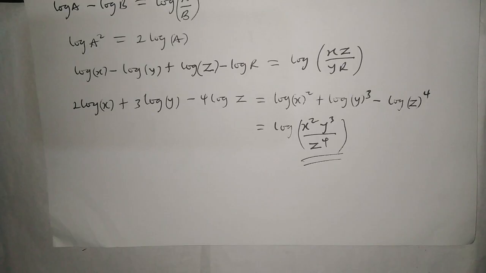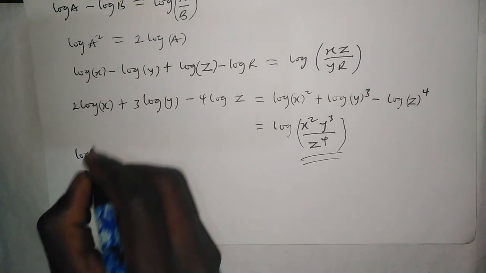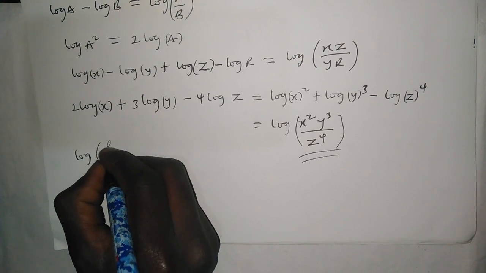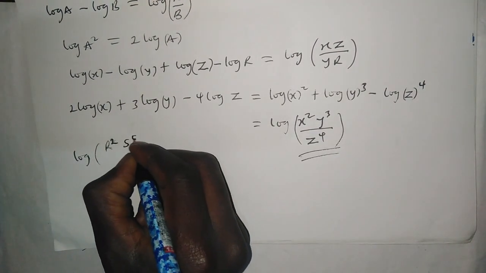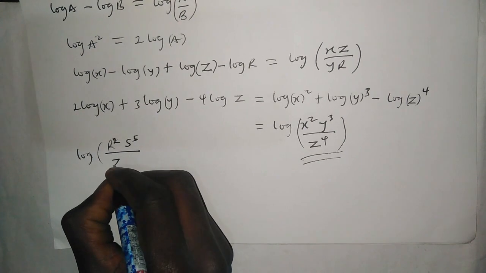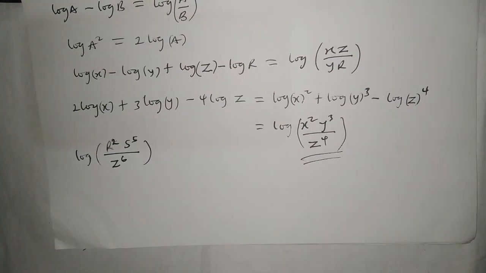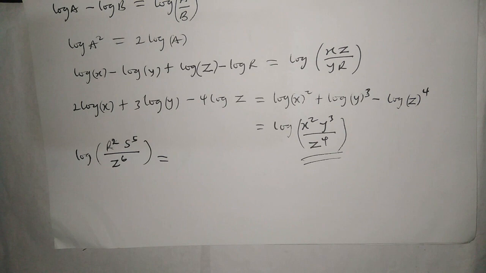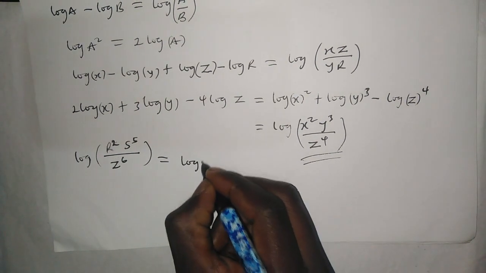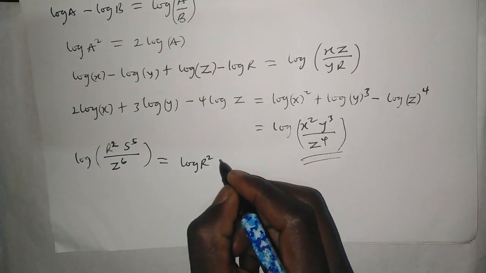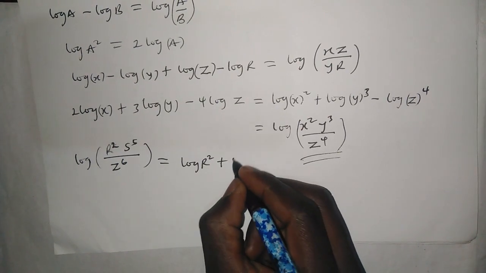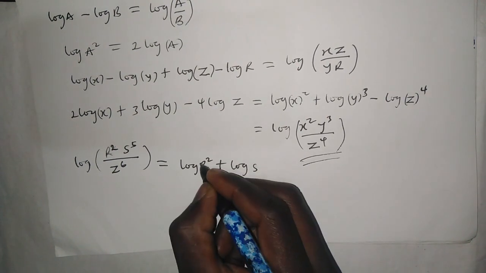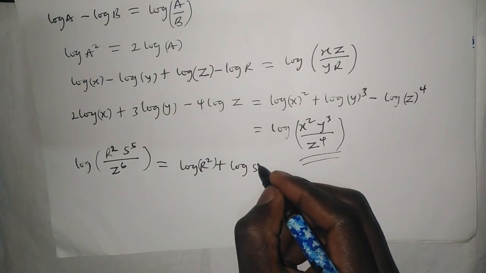Now let's do the reverse of this particular answer. Take, for instance, you have log of r squared, s to the power 5, all over z to the power 6. How do you expand this particular log into multiple logs? So first and foremost, what you do is you spread the log back by saying log r squared, all the ones on top, you know they have positive sign in front, log s raised to power 5.